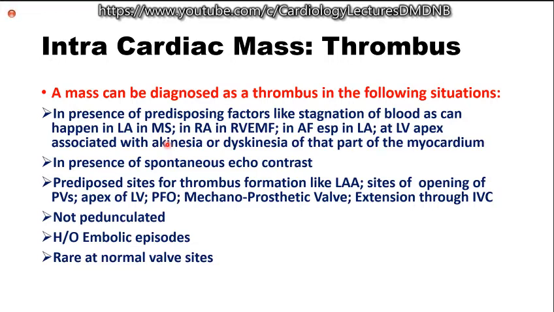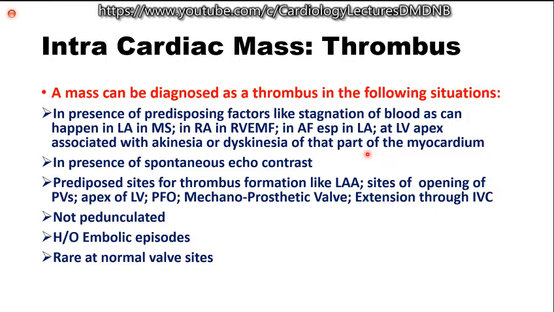At the LV apex, it is associated with akinesia or dyskinesia of that part of the myocardium. If the myocardium is infarcted and at the apical region it is showing akinesia or even dyskinesia, then that can lead to stagnation of blood in that segment and can result in thrombus formation.